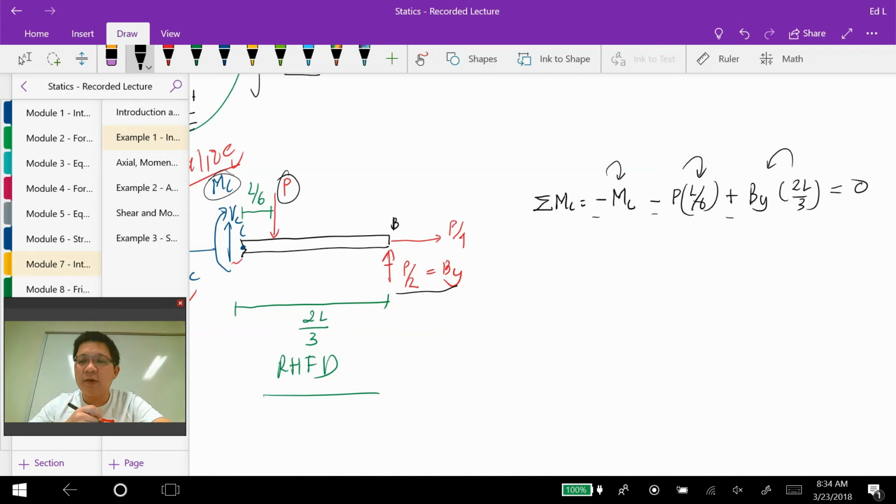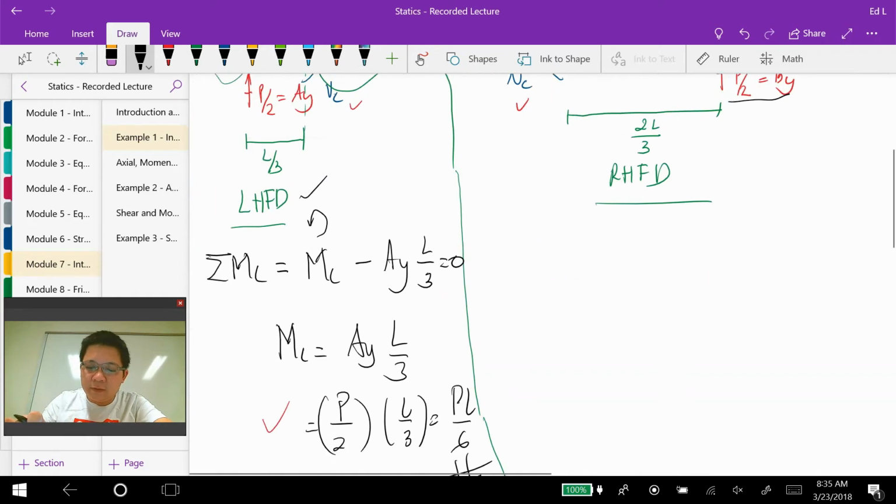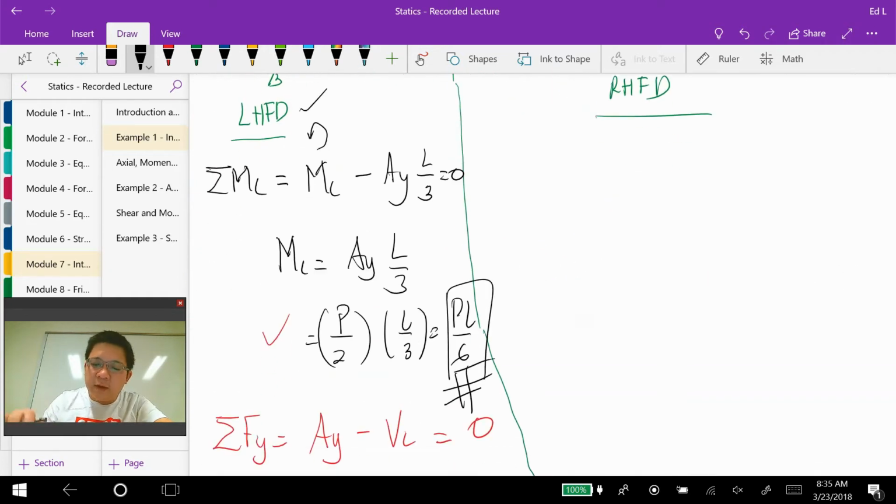Writing this, we move MC to the right hand side of the equation. We have BY times 2L over 3 minus P times L over 6. So BY is P over 2 times 2L over 3 minus PL over 6. PL over 3 minus PL over 6 is PL over 6. And if we check the result here, yes, they are the same.